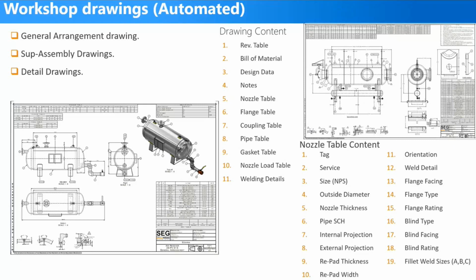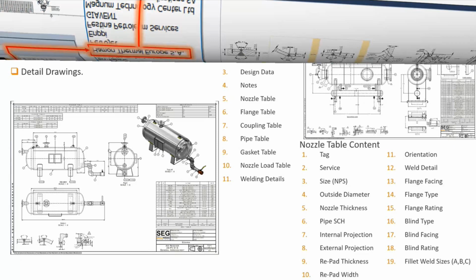You can include pre-built tables in your drawing, like the bill of materials table, design data table, nozzle table, and many other tables. For the nozzle table, for example, you can include the nozzle tag, nozzle service, nozzle size, the attachment for this nozzle, and many other options.